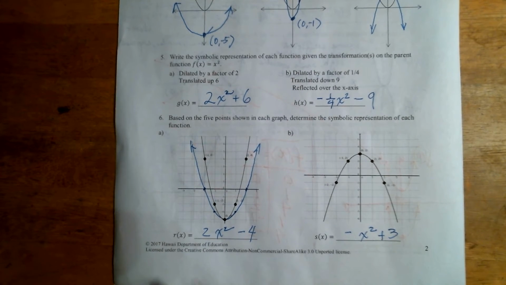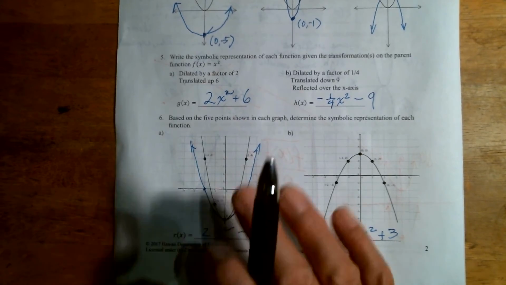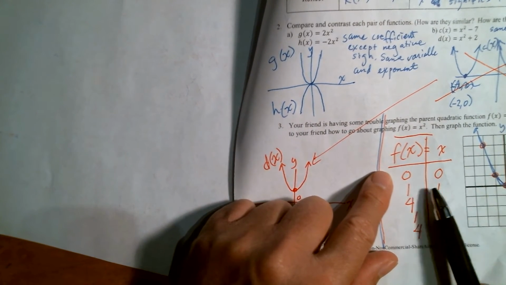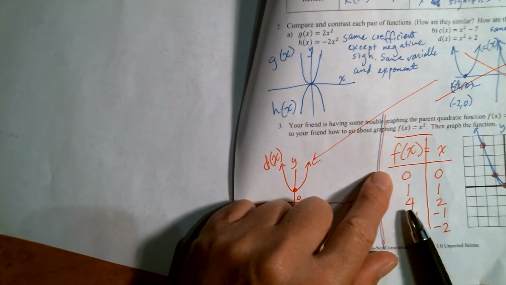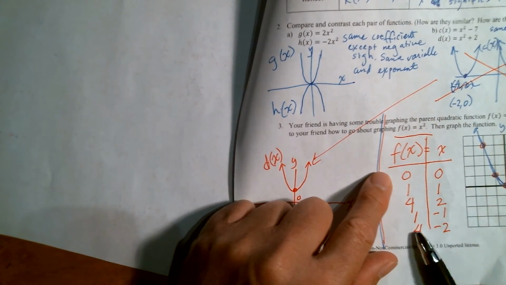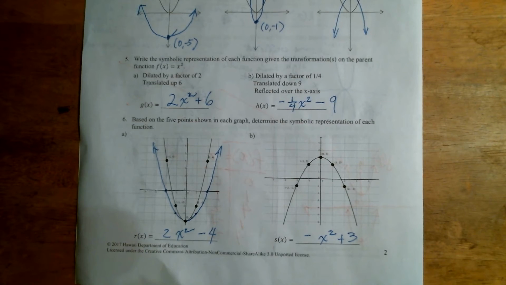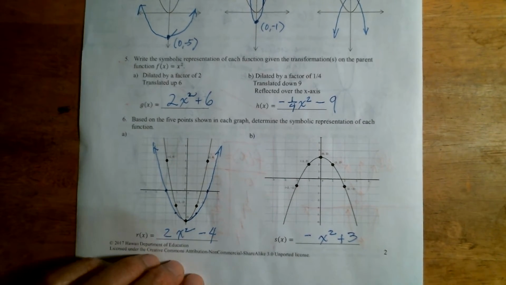No. Okay, let's see. So a parent function, I know just from experience, would have these points: 0, 0, 1, 1, 2, 4, 1, negative 1, and negative 2, 4. In this case, you gotta really use your brain, okay? Now you see this function.